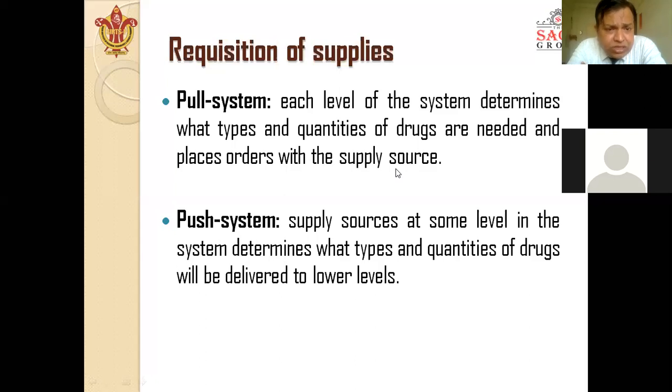But in push system, the central pharmacy or central store knows this much is the requirement you need in this month or in this week. They are delivering that particular medicine or drugs or supplies to your pharmacy. This is pull and push system.